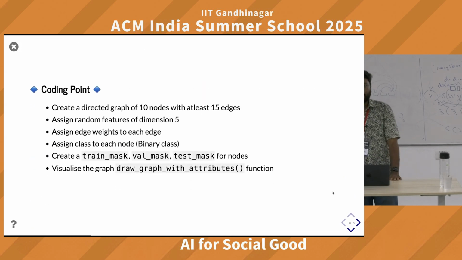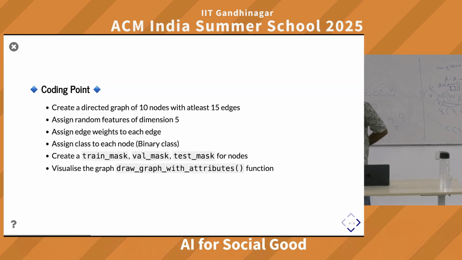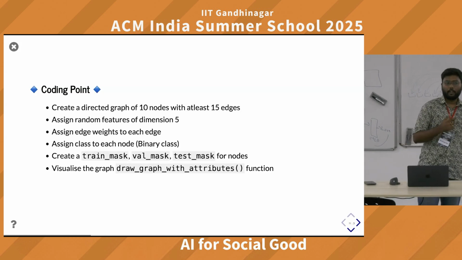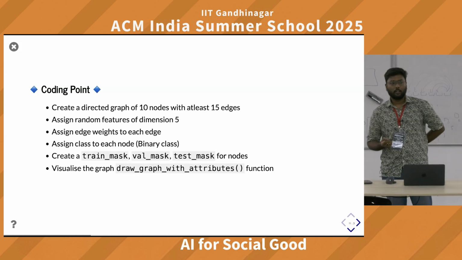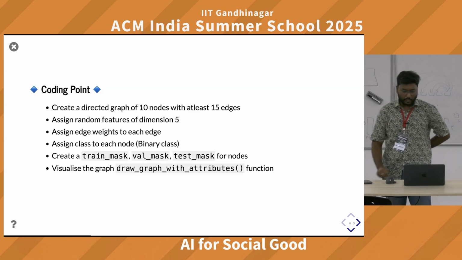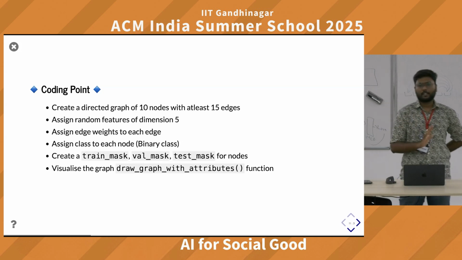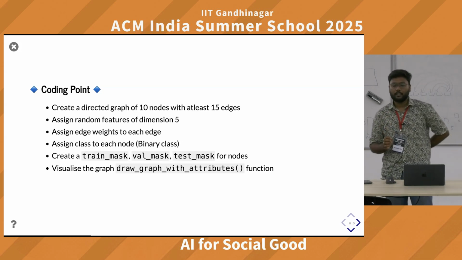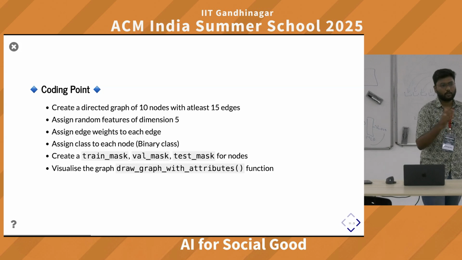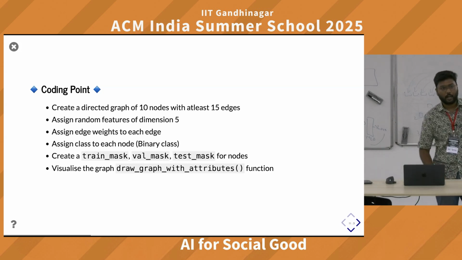Okay, so there's a coding point. You have to write code, obviously. Create a graph of 10 nodes, at least 15 edges. It's a directed graph, so you can have any directions as you want. Assign random features of dimension 5 to each node. Assign edge weights. Assign some class, so binary class, 0, 1, to each node. Create a train, test, validation mask.